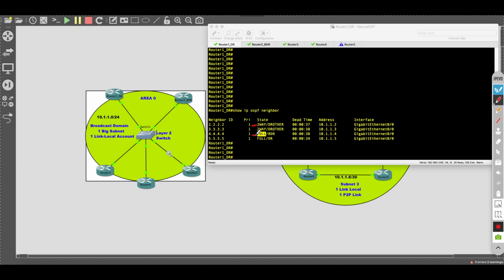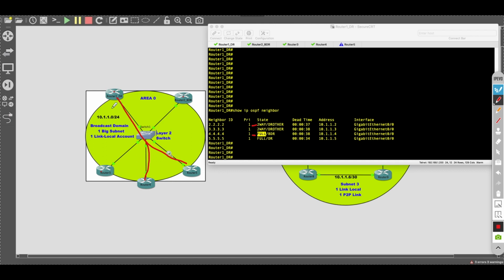Now, once the routers in this broadcast domain have completed their election process, they need to begin building their topology tables. This is achieved by each non-designated router, so in this case router 1, router 2, and router 3, exchanging information only with the designated router and backup designated router.